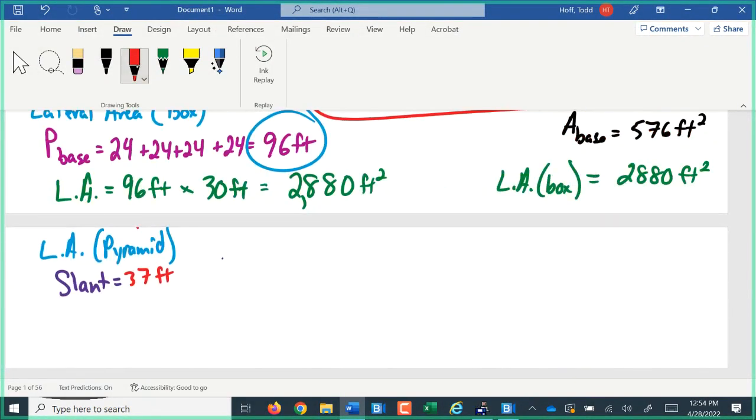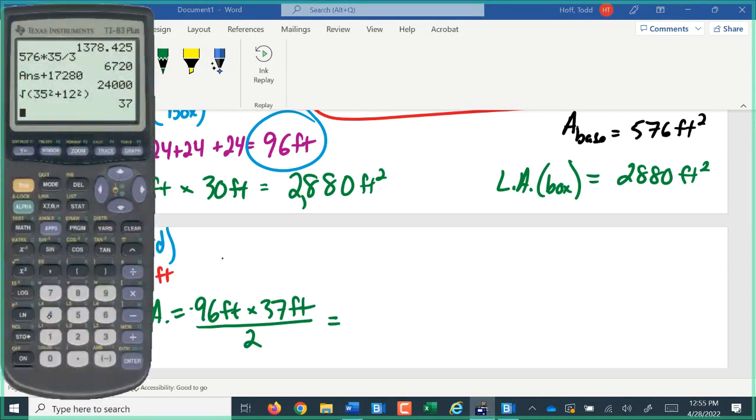So then our lateral area for the pyramid is perimeter of the base, 96 feet, times what? 37, our slant, and divided by 2. Area is two-dimensional, so we divide by 2. 1776.